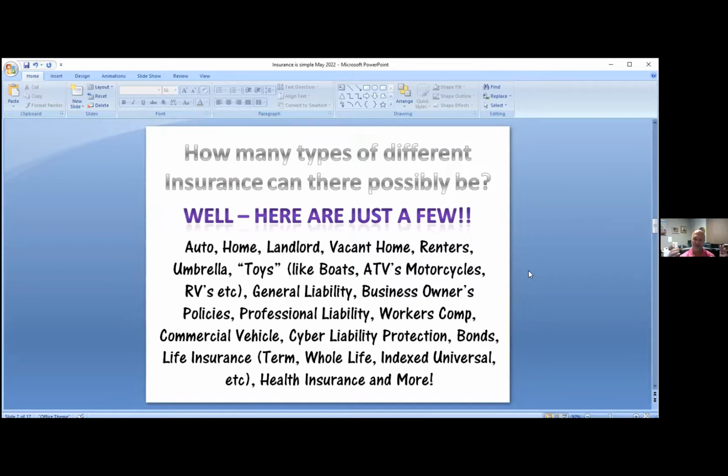Depending on your situation, you as a consumer might need to be an expert on auto, home, landlord policies, vacant home policies, renters policies, umbrella policies, both commercial and personal, insurance for your toys, general liability, business owners policies, professional liability, workers' comp, commercial vehicle, cyber liability, bonds, life insurance, and you want term, whole life, indexed, health insurance, or more. There's a lot to know.